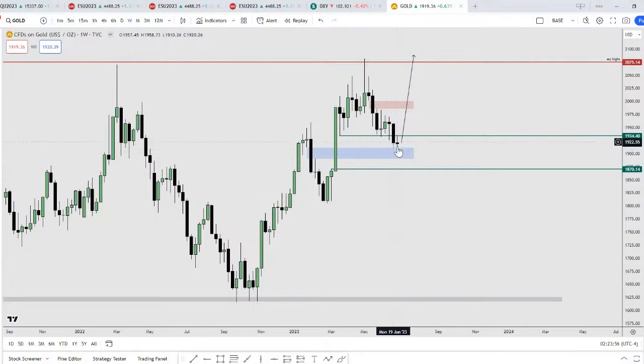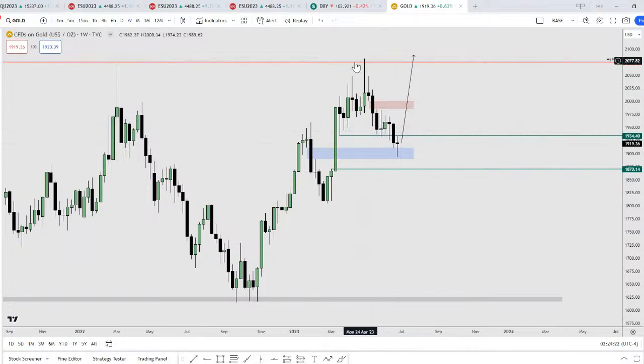Okay, if it is going to send price higher, I think now this is the last down close candles that you will see trading within this fair value gap. Okay, I want to see reaction now, closing or trading above this bearish order block right here.